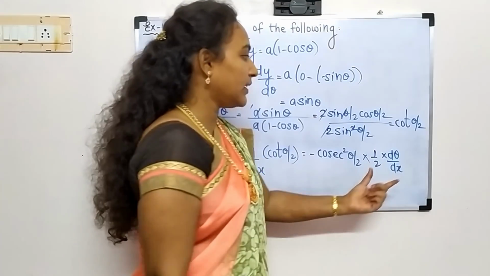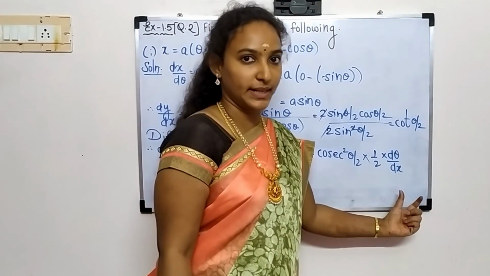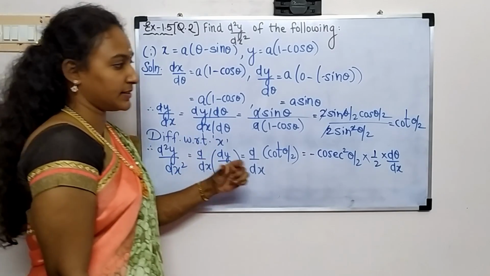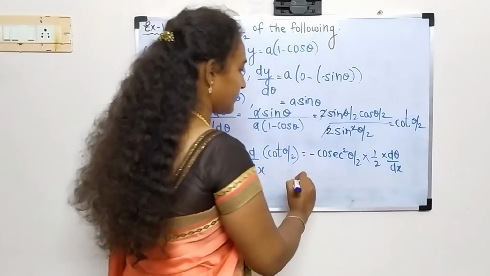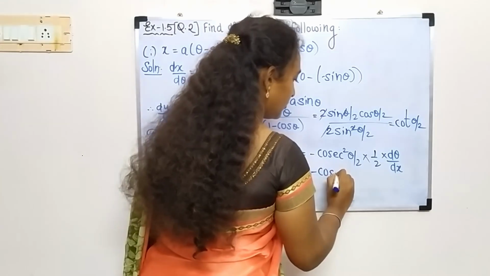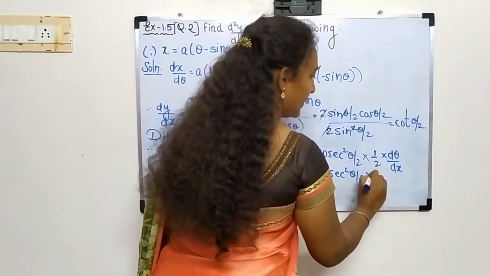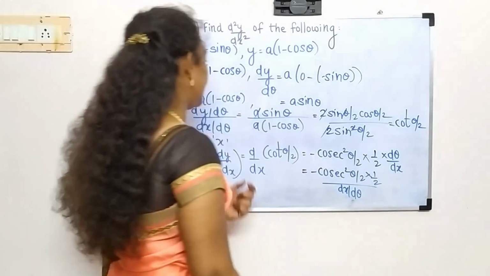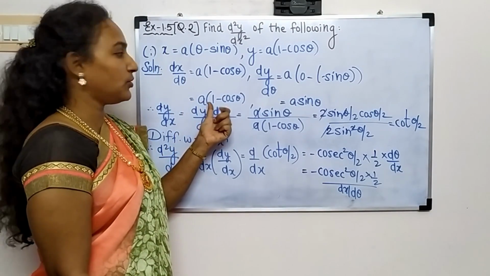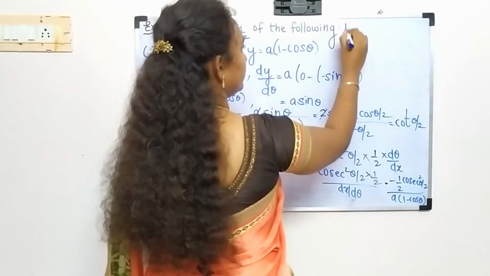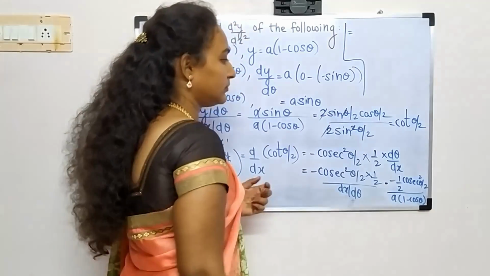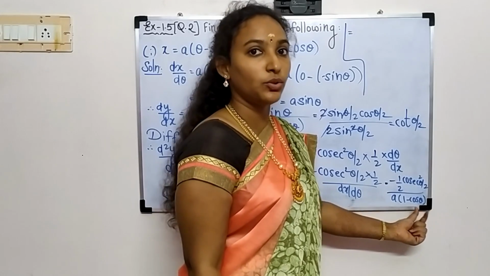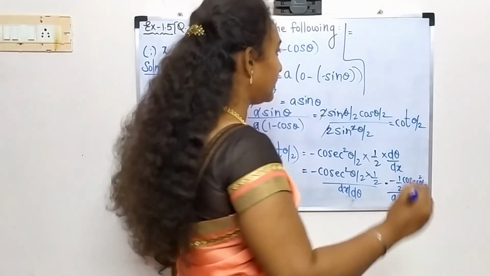Now we are going to substitute for this d theta by dx, but we have dx by d theta, not d theta by dx. So let us reverse this. So this is minus cosec square theta by 2 into half upon dx by d theta. And our dx by d theta is a into (1 minus cos theta). And now we can convert this 1 minus cos theta to 2 sin square theta by 2.